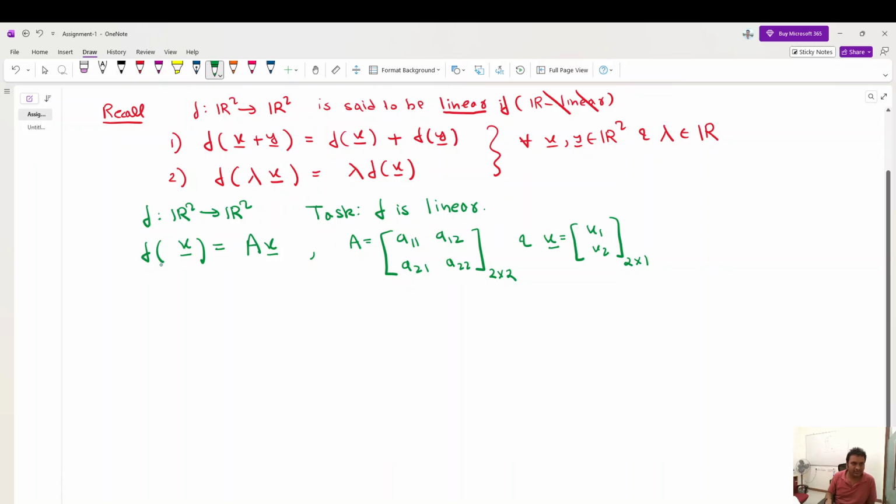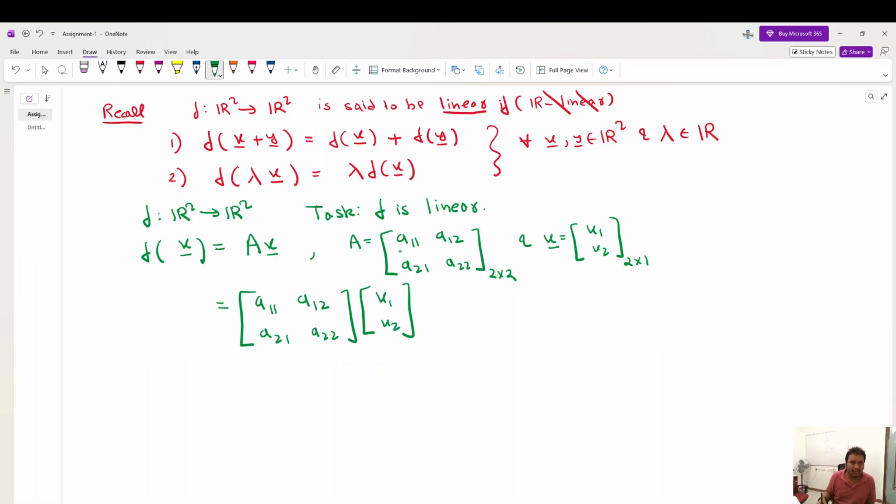Now, what you have to show is that this is linear. So basically you have to pick two members from R2. Correspondingly, we haven't seen how we are defining this map, so let me define it here. This is A11, A12, A21, A22 multiplied with X1, X2. Now, you know how the matrix multiplication goes? You multiply this by this, right?